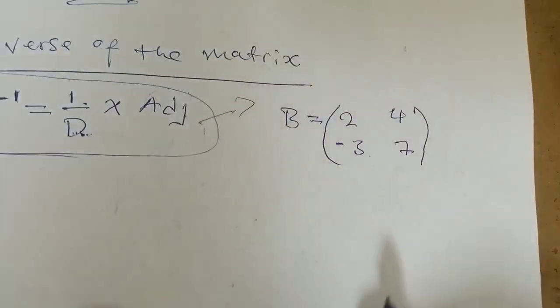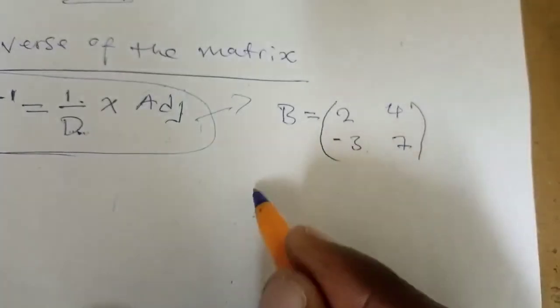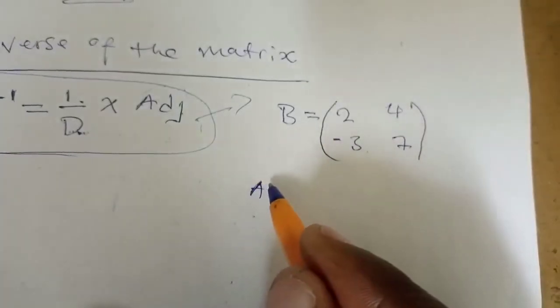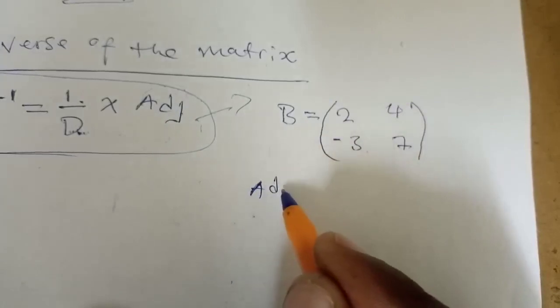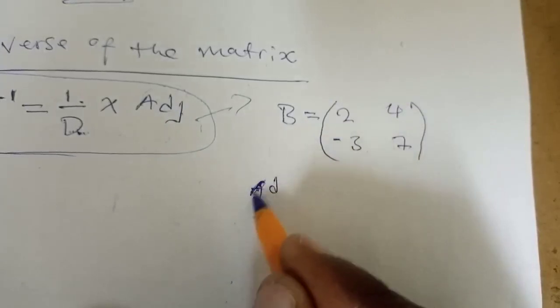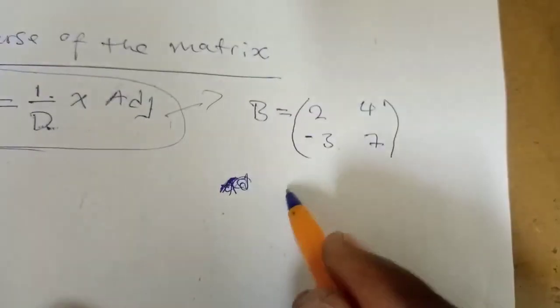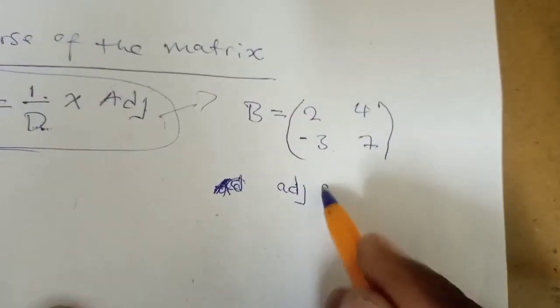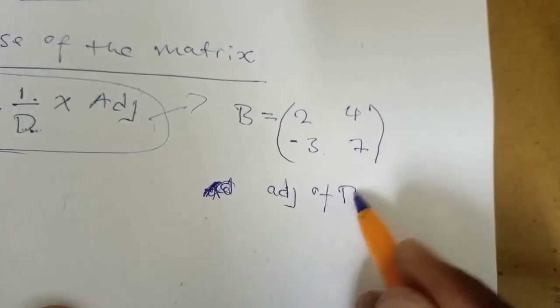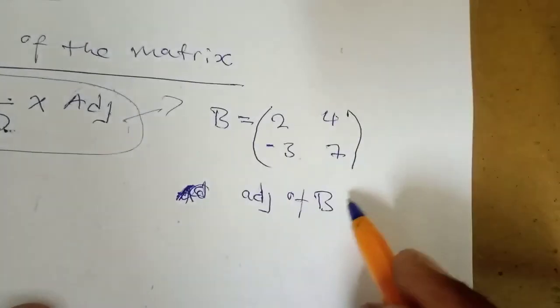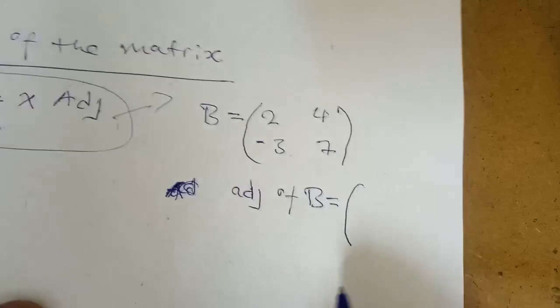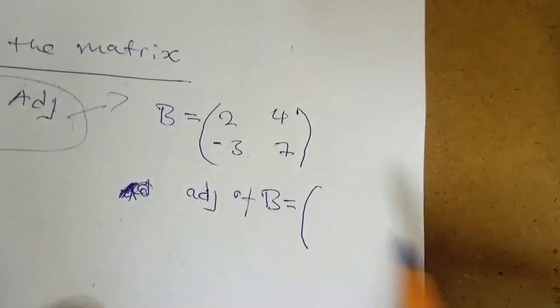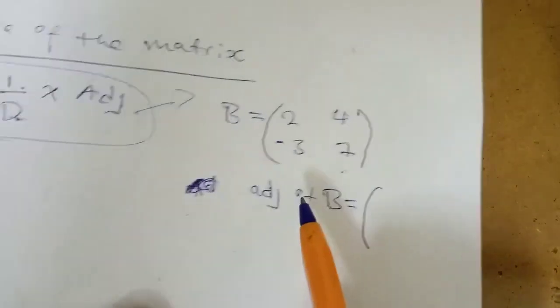You need to know how to find the adjoint of B. How do we find the adjoint?